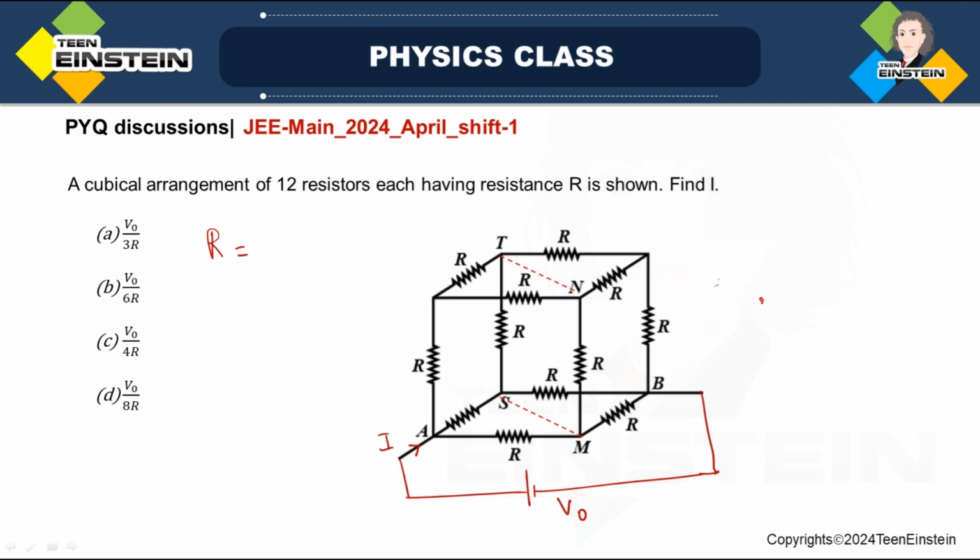See this is A and B. Lower part I have got R, and I have got here 3R. This is a parallel circuit. Okay, so now this is V0.